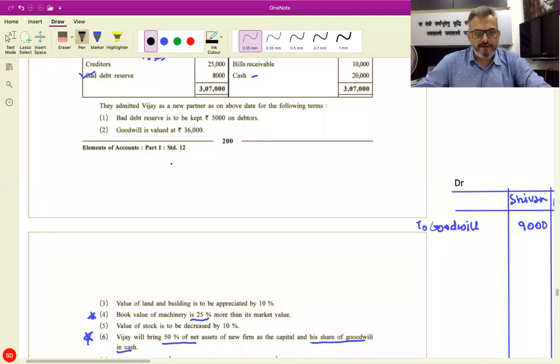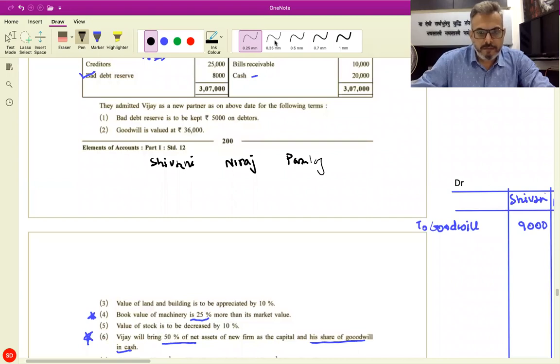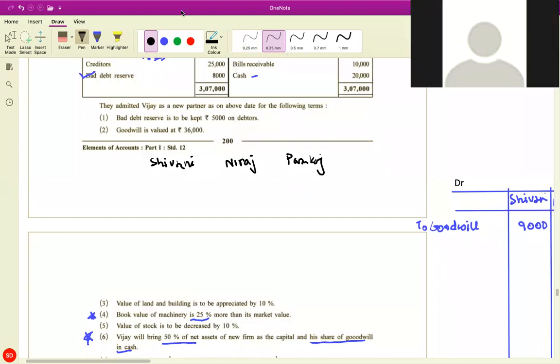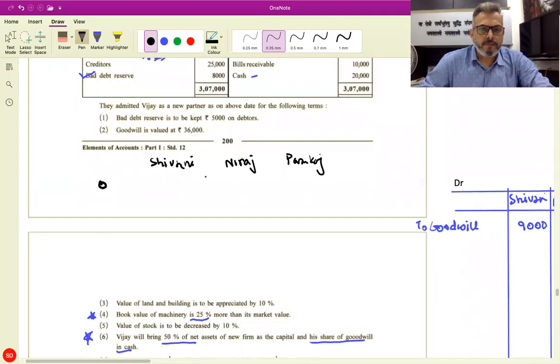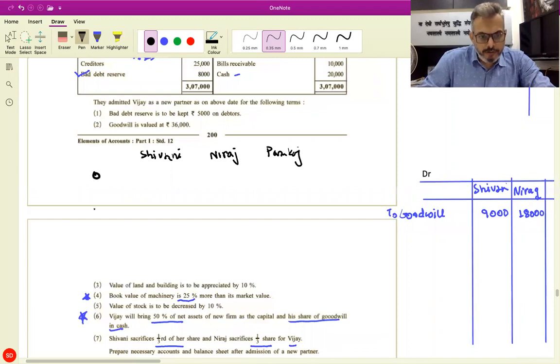Start finding the sacrifice ratio. Old ratio is 1 by 3, 2 by 3.